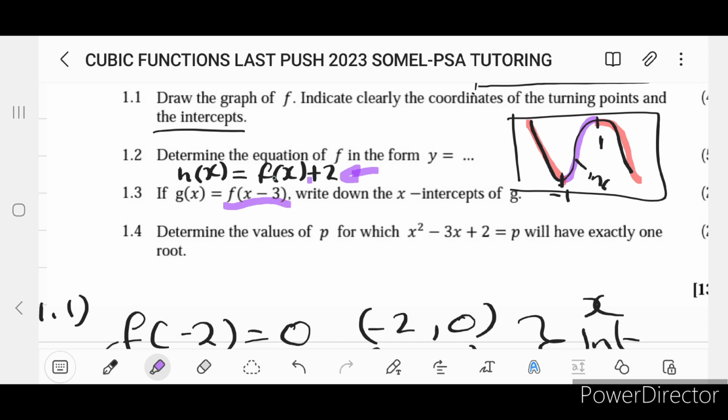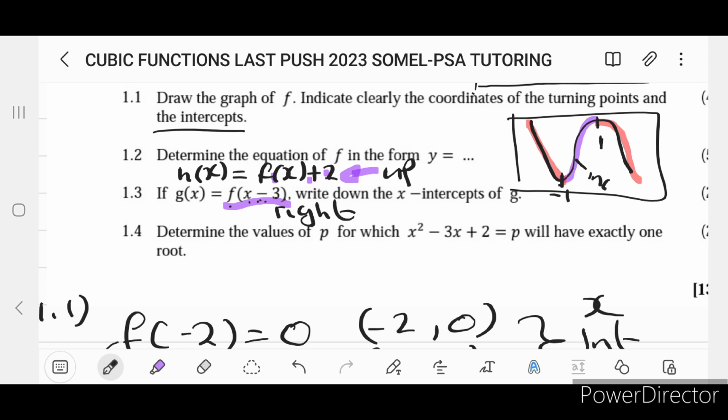So they have moved the function f by 2 units up, because it's positive 2, so it goes up. But this one, it's f of x, x minus 3. So the moment it's inside, that means they've moved it horizontally, and all the time it moves the opposite direction of the sign. So if it's negative 3, it is going to go to the right.